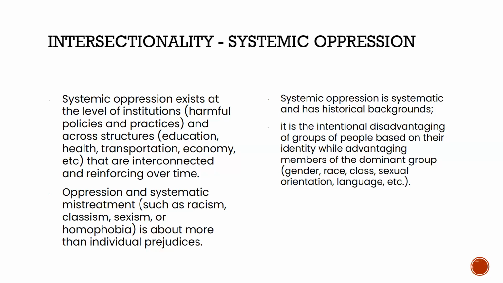So for example, even though we speak about teaching, teacher pedagogy, we talk about textbooks, looking at systemic oppression means that we also look at the economy, at who can afford to pay fees, who has access to transportation, is it safe, who has better health outcomes or not, because all of these things interconnect to cause systemic oppression.